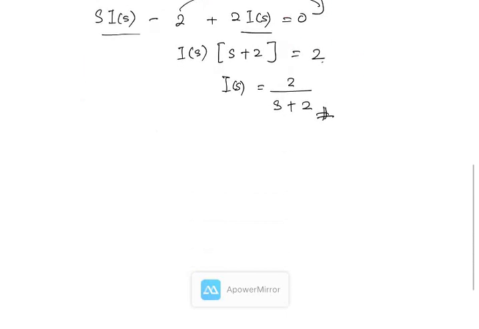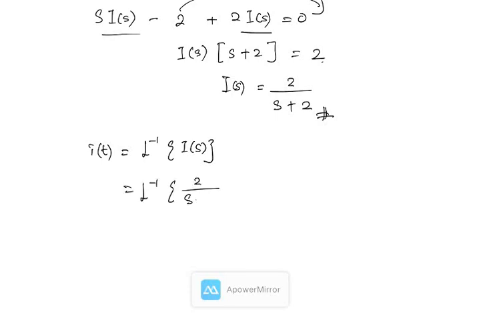Once you obtain I(s), we can obtain i(t) from the inverse Laplace transform of I(s). That is 2 over s plus 2, where 2 is a constant we can take out, so it's equal to 2 times 1 over s plus 2.